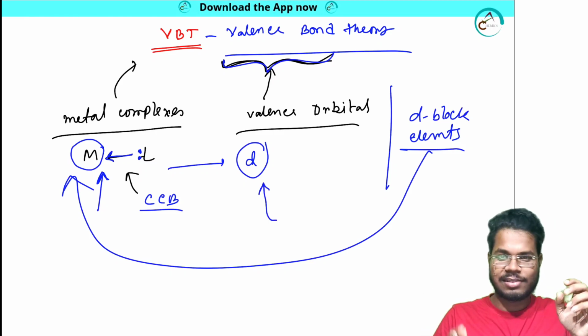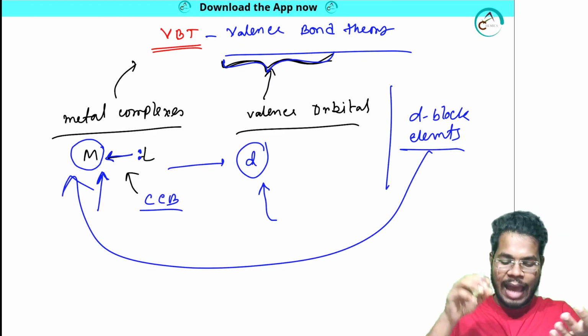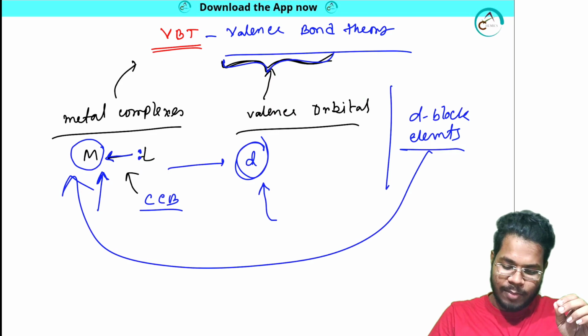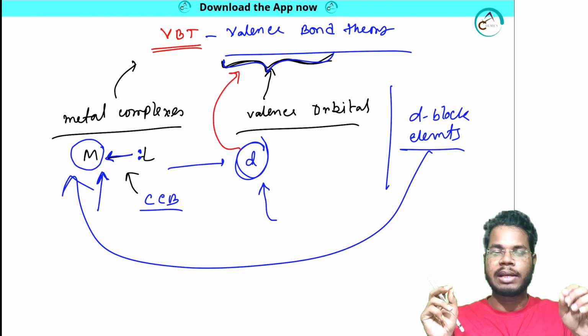These valence orbitals, the d orbitals, will take part in bonding, and as this is a valence bond orbital, we think valence bond theory could explain the total bonding in metal complexes.